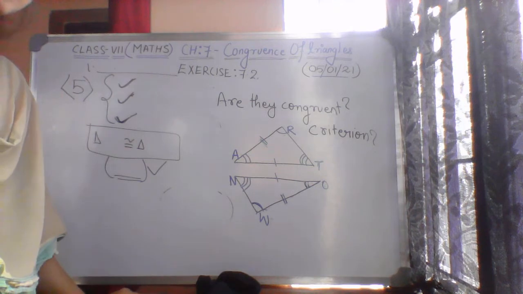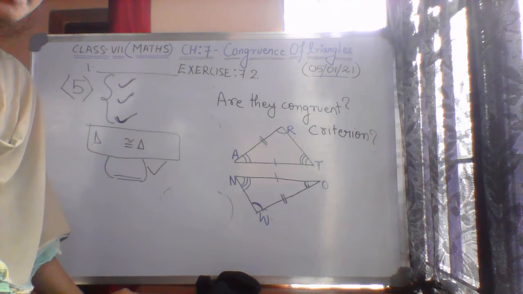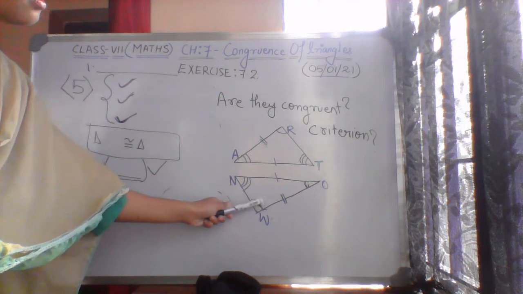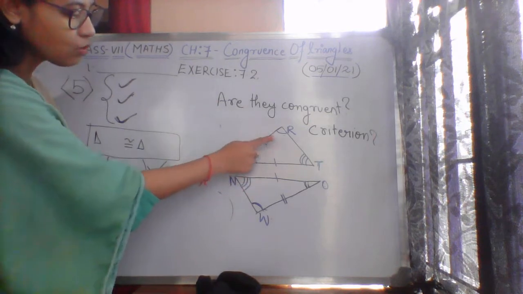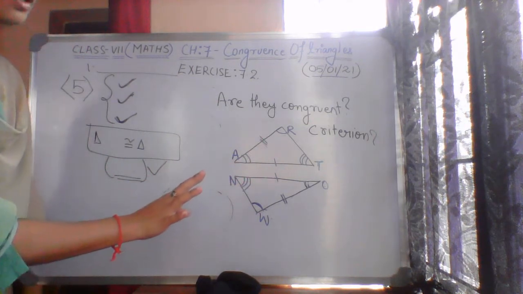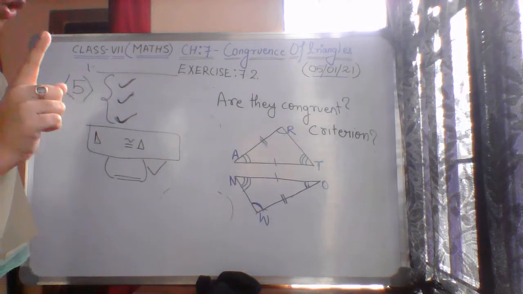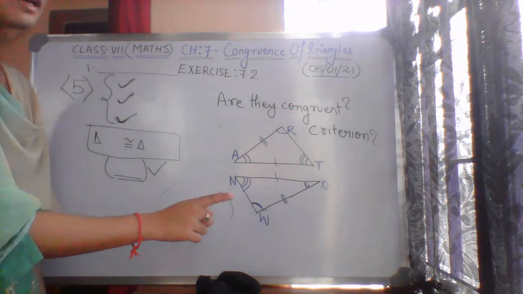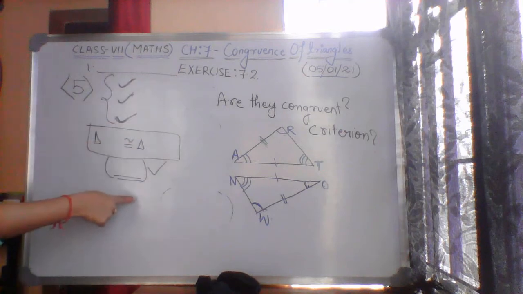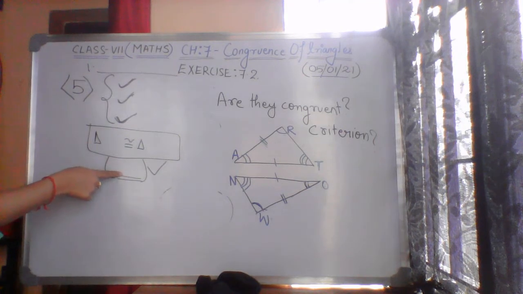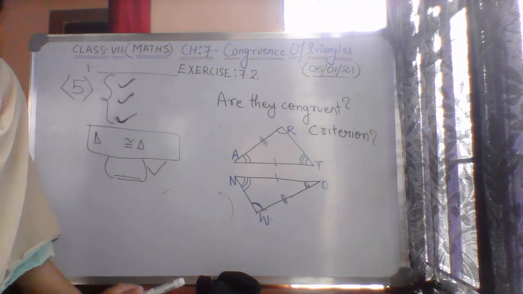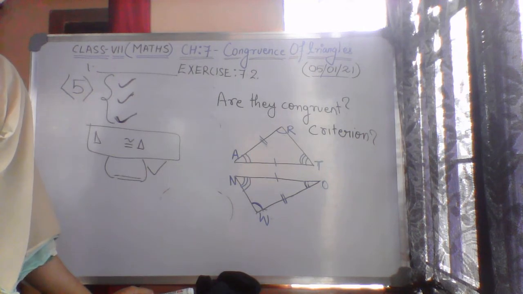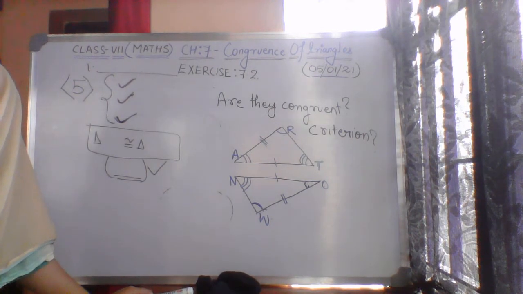Try this question by yourself. These two triangles are given and the equal parts are shown, but it is not told that they are congruent. So you are going to say whether they are congruent, and if they are, you write it with the criterion. Okay, thank you. Next we will continue from question number 6.